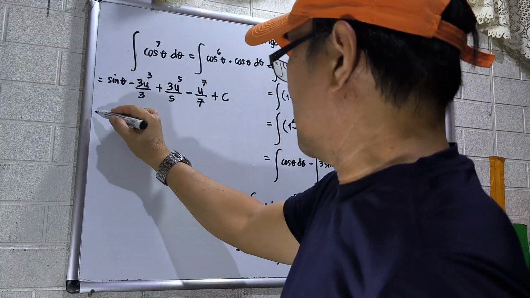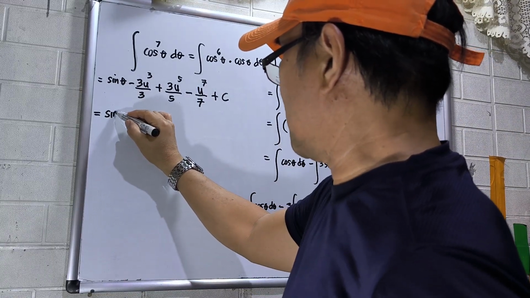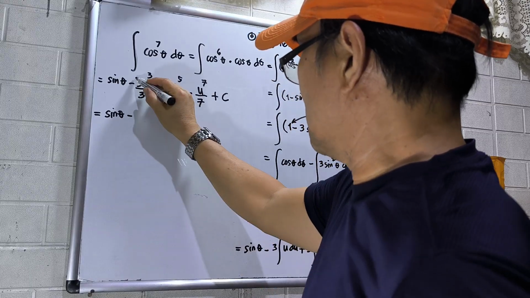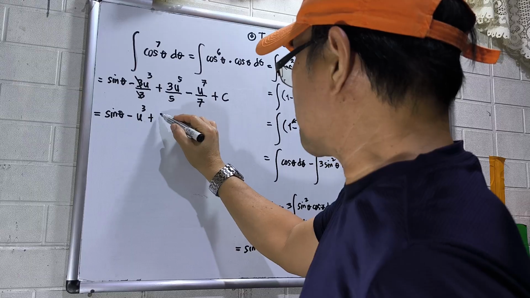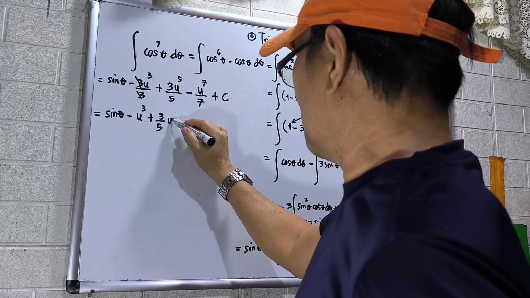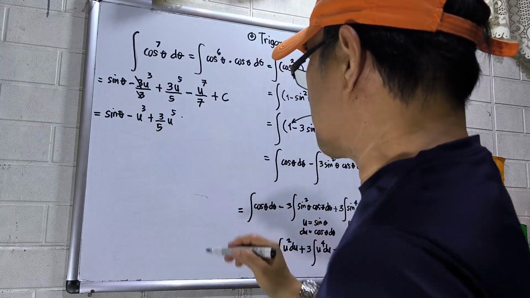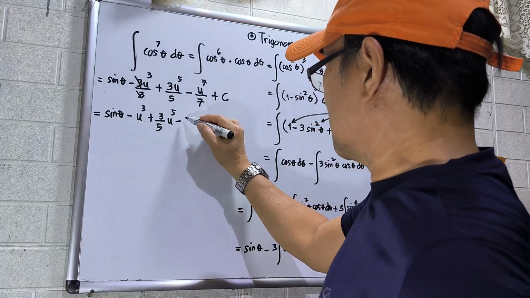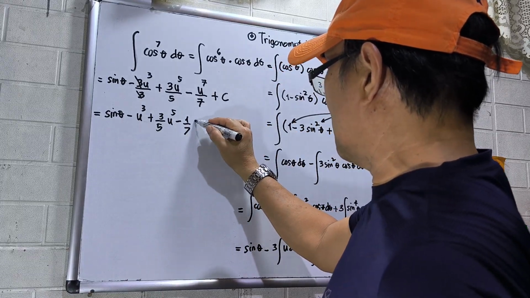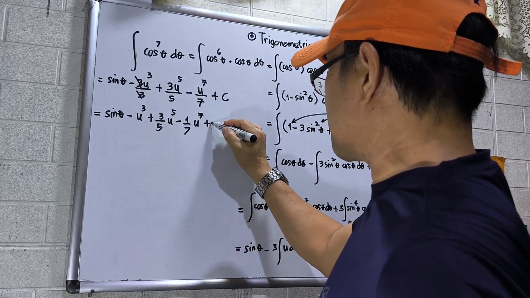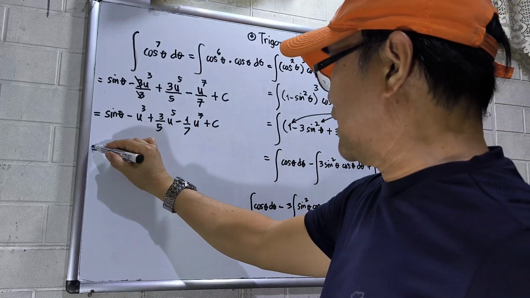Okay? Then this will be sine theta. This will be crossed out. So I have now u cubed plus 3 over 5 u to the 5th, then minus 1 over 7 u to the 7th plus c. Then plug in the value of u.